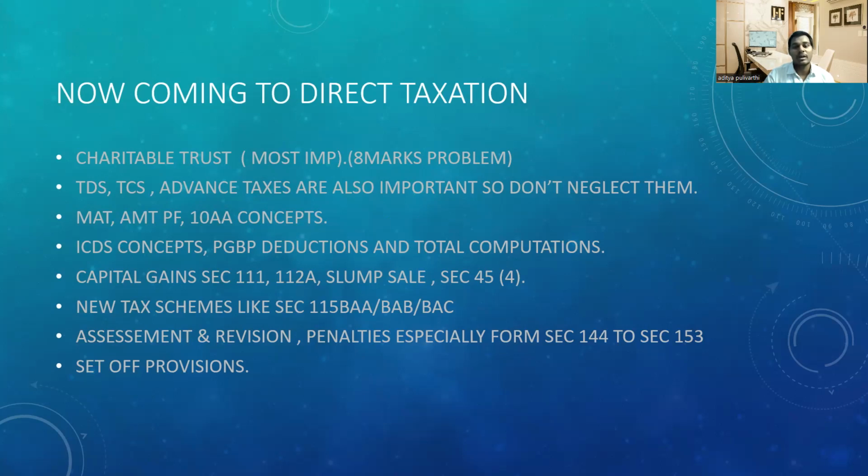Most of the questions will come in the IPCC, but in final, section 111A, 112A, and slump sale, and section 45(4). There are also some tax schemes like section 115BAA, BAB, and BAC. We should focus on these concepts also.